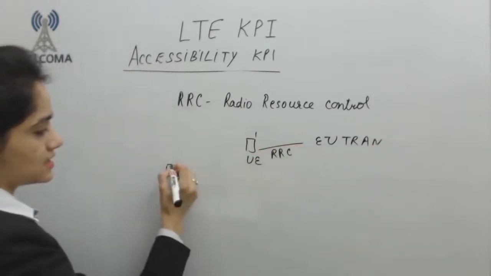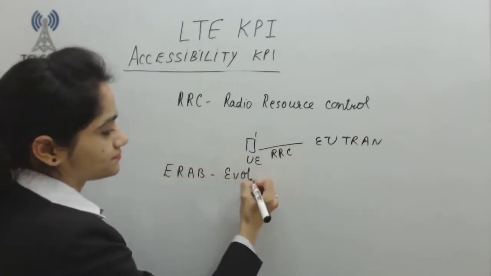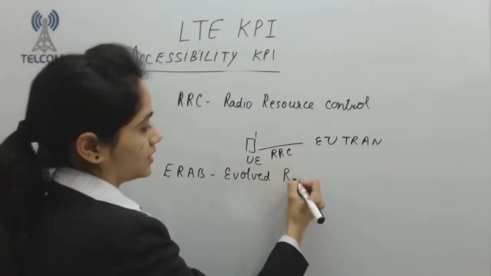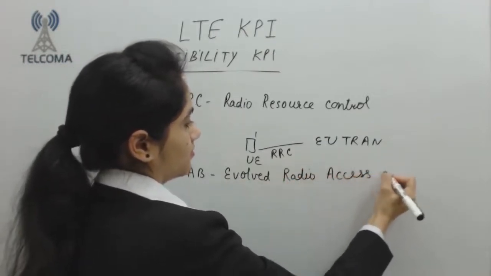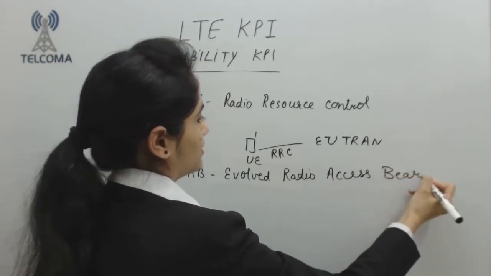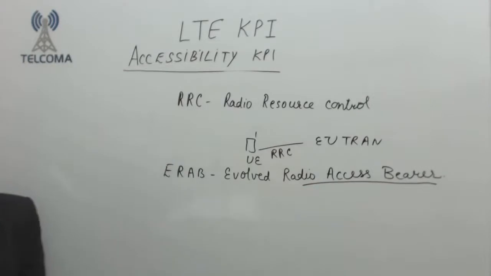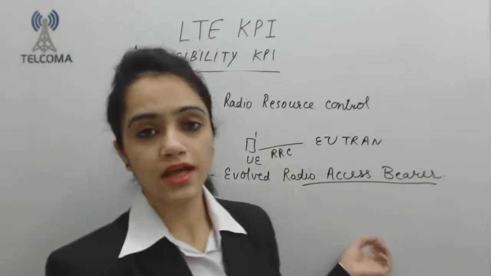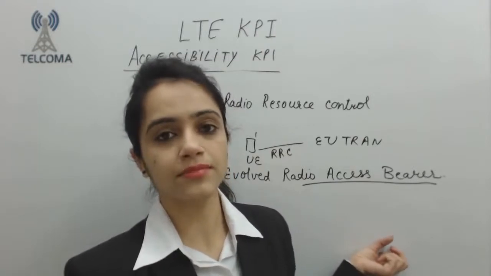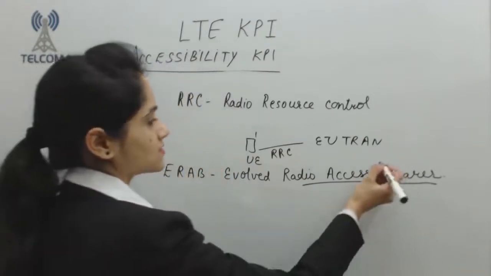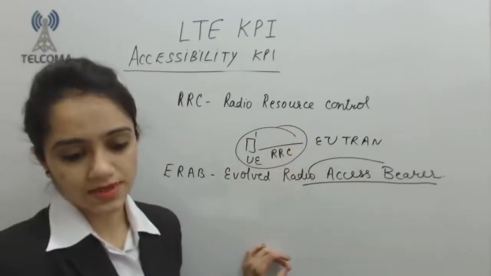And next is E-RAB, which is Evolved Radio Access Bearer. Bearers are the services. My major concern is that services should be accessed within a given time. So I have these various services and radio resource control is working on this part.